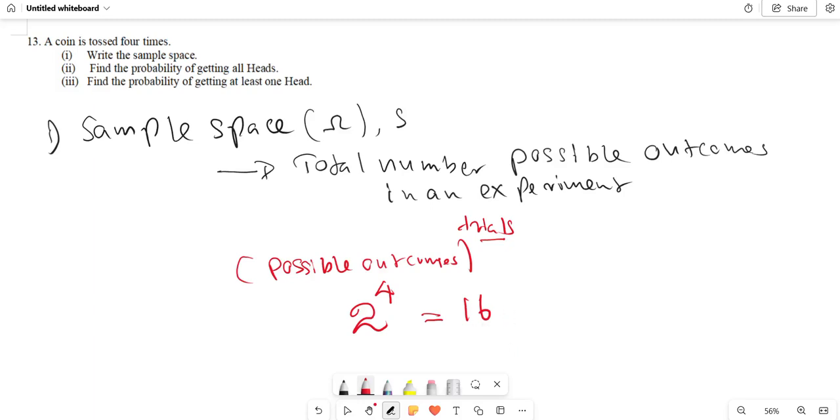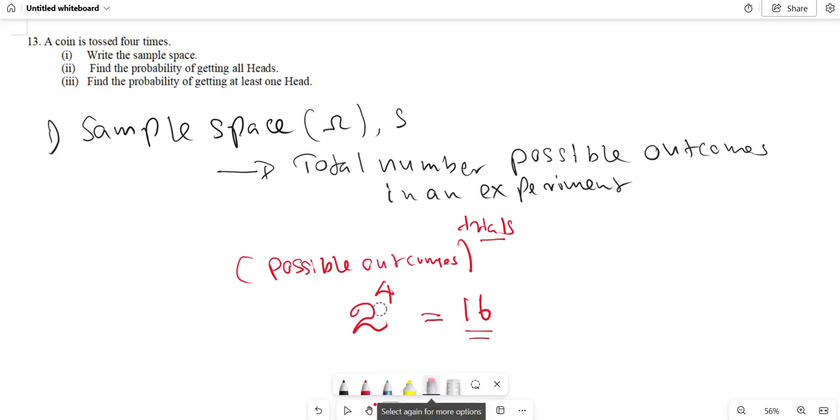Now they are asking you to write the sample space, so you need to write all these 16 things. How do you write them correctly and efficiently? That is the first task we want to do.